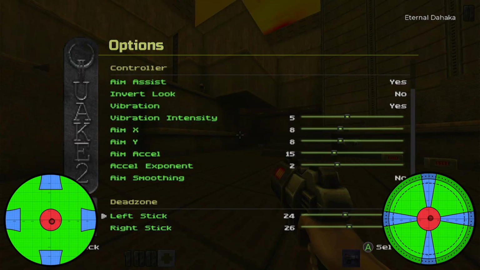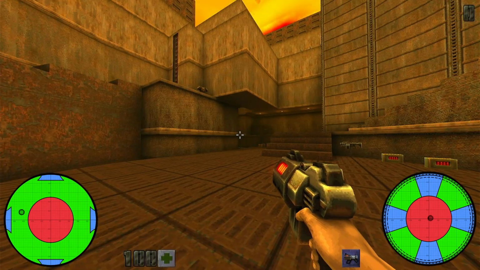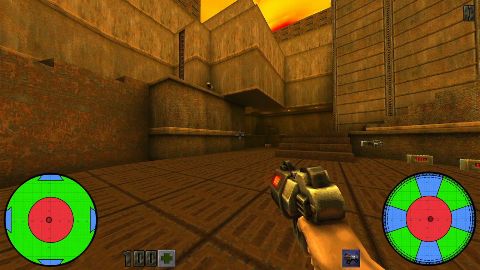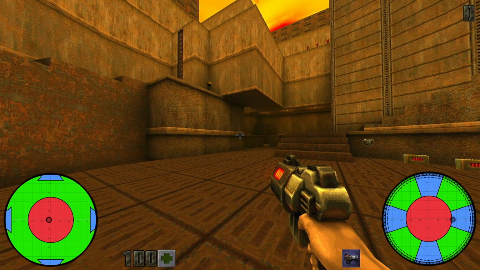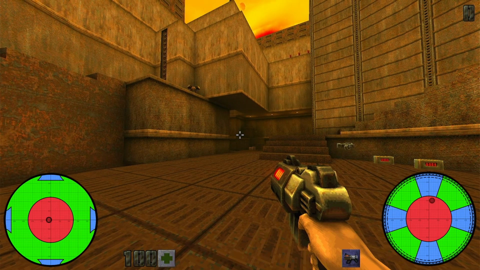Oops. But looking at the maximum dead zone size, you can see that the dead zone is a 50% circle, so the options are perfectly accurate.